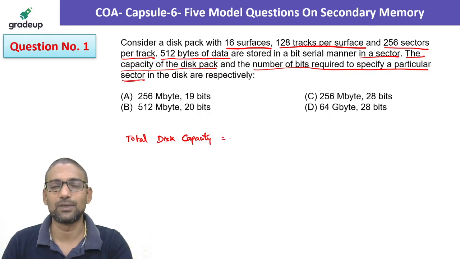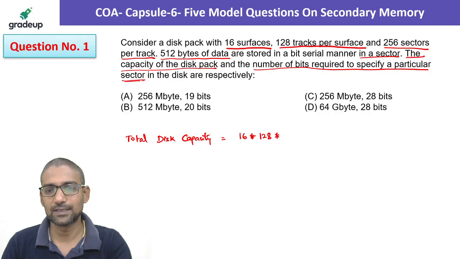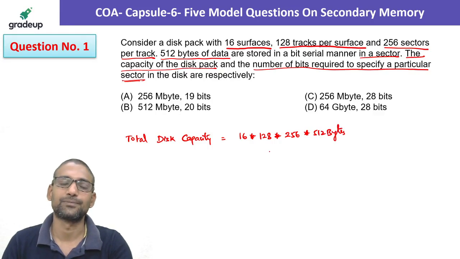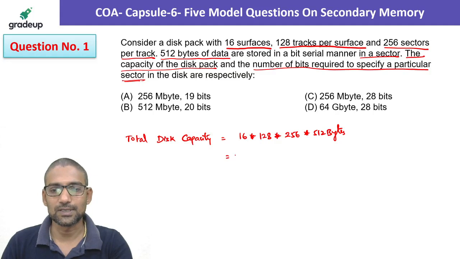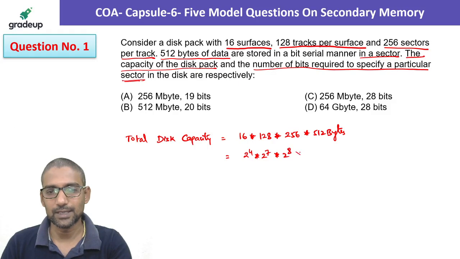That is equal to the number of surfaces, 16, on every surface 128 tracks, on every track 256 sectors, on every sector 512 bytes of data. So this comes to 2 raised to 4, 2 raised to 7, 2 raised to 8, 2 raised to 9 bytes.